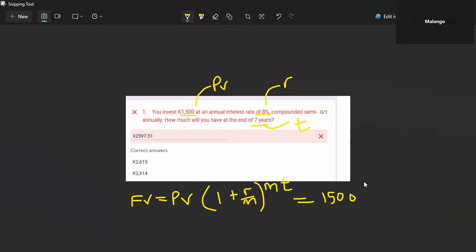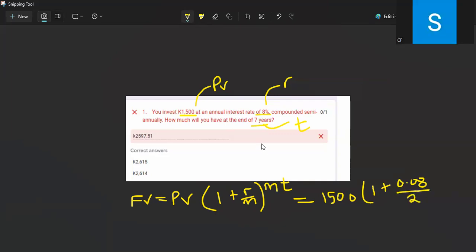But 1.5, then open brackets, the 1 plus 0.08 over 2, why 2? Semi, right? Yes. If it was quarterly, you would have put 4. Close brackets to the power 14. 14, correct. Those that have calculators, what have you found as your future value?